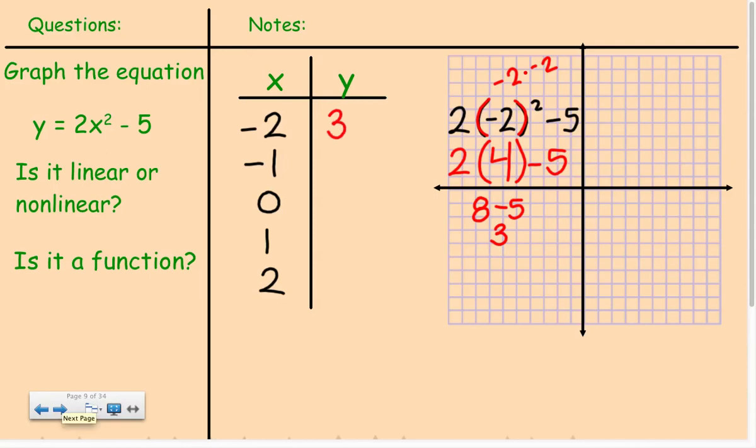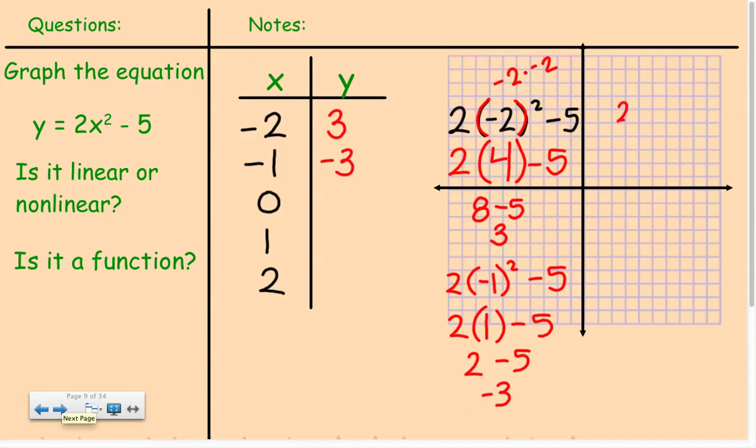Now we're going to plug -1 in, so 2 times -1 squared minus 5. -1 squared is like -1 times -1, which is +1. 2 times 1 is 2. 2 minus 5 is -3. 2 times 0 squared minus 5. 0 squared is 0 times 0, so 0. 0 times 2 would be 0. 0 minus 5 is -5.